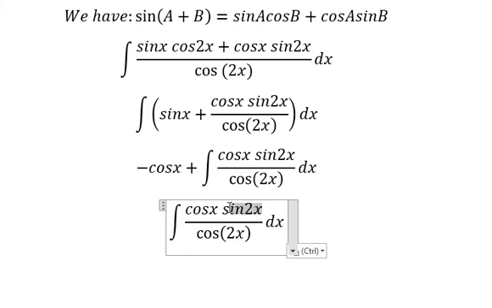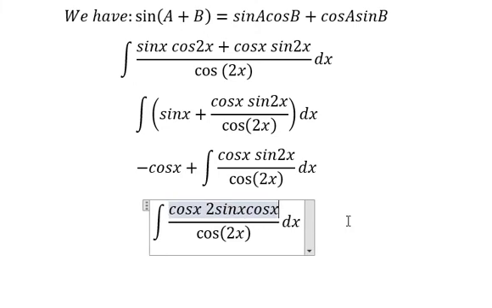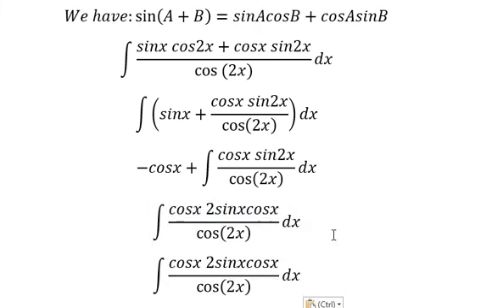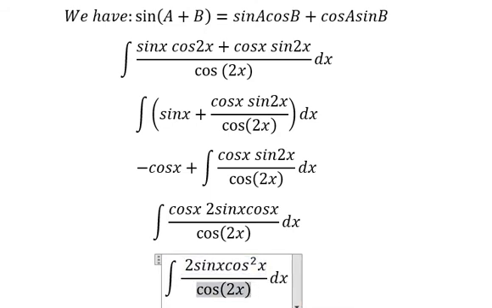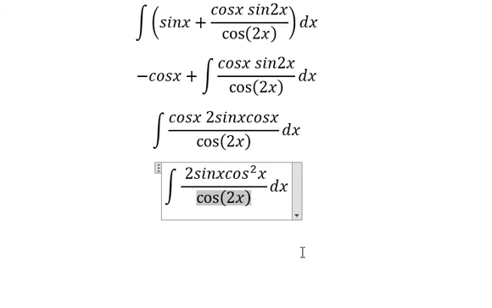We know that sine 2x is 2 sine x cosine x. Cosine x with cosine x, we have cosine x squared. This one, we change to cosine x squared minus 1.